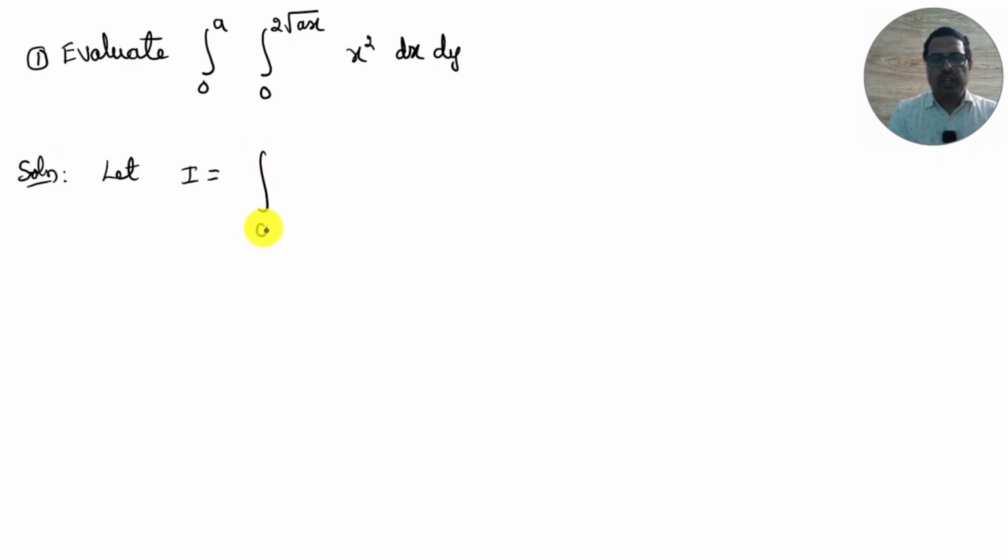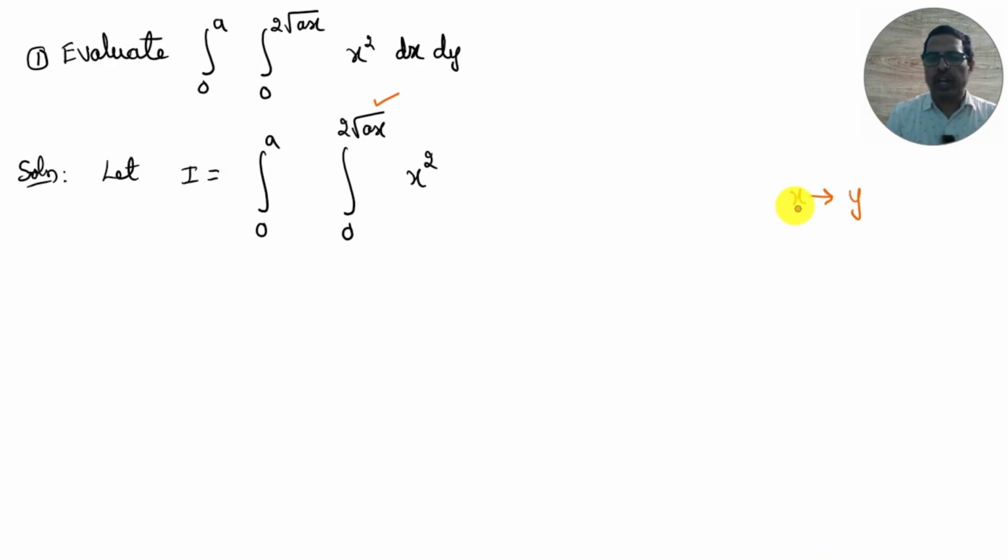So you have integral 0 to a, and then you have integral 0 to 2 root ax, into x square. Now the question is whether I have to write dx dy or dy dx. If you observe, the upper limit has x, so we have to see that x is expressed in terms of y.